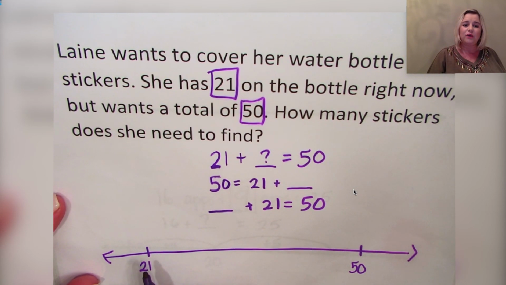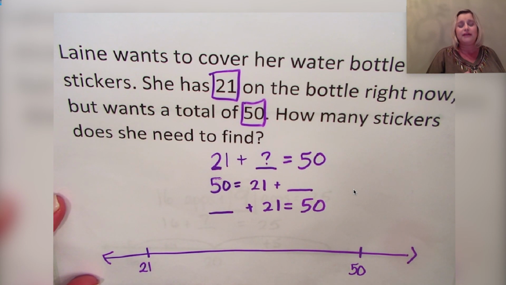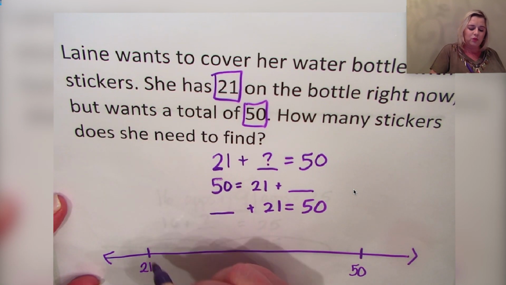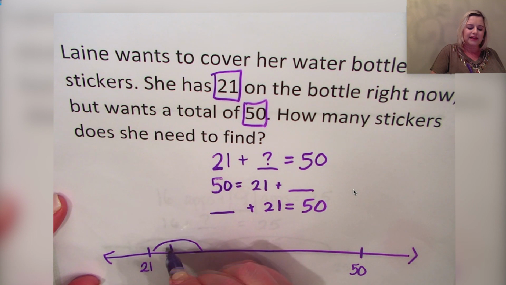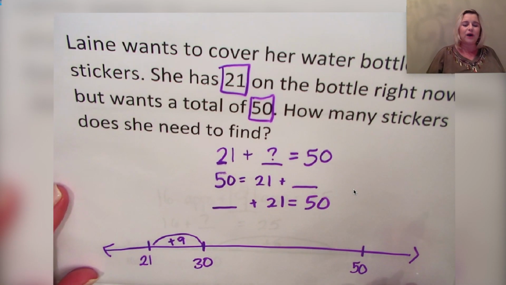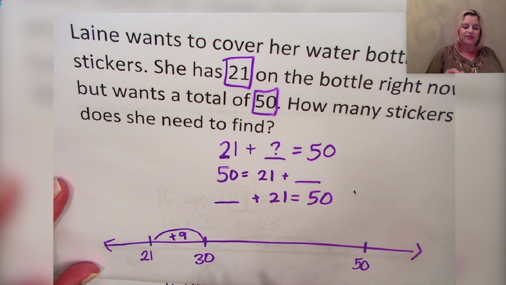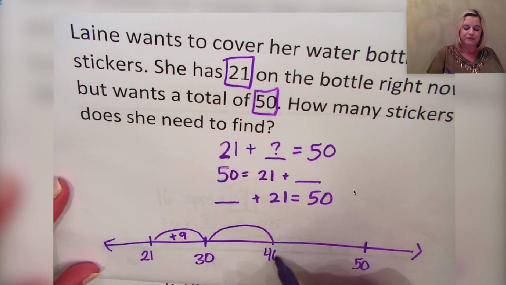So I know that I would like to get to a friendly number that's easy to add on. And I know 21 plus 9 equals 30. So I'm going to add 9 to get to a friendly number. Then I know that I can go to 40 by adding 10.